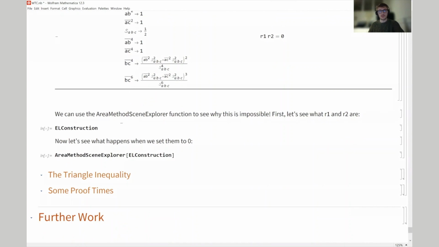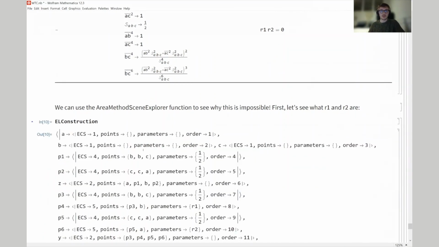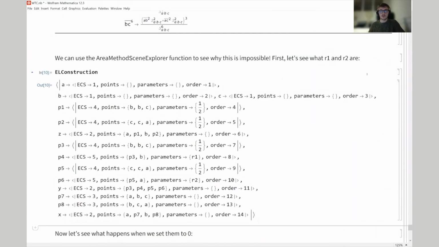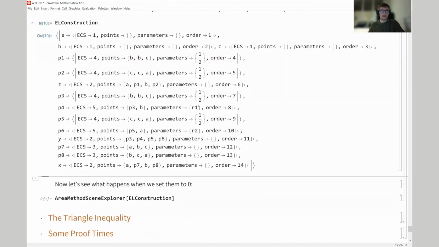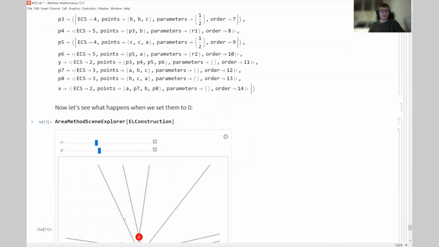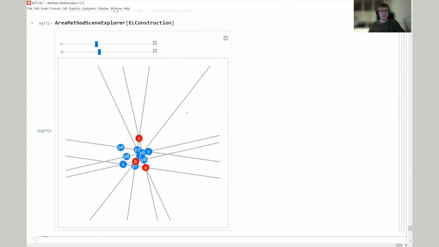So first, to see what they are, we will just recall what our construction is, and we look for the parameters R1 and R2. And we see that they're just parameters used in defining the points P4 and P6. Now let's see what happens when we set one of them to 0. We just run a dynamic version of our area method scene explorer function. And here we have the parameters R1 and R2. They will appear by default.